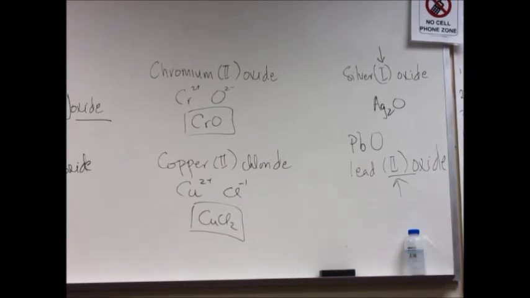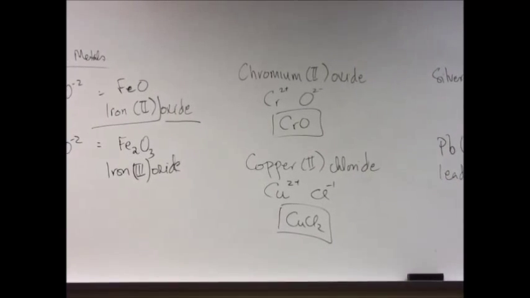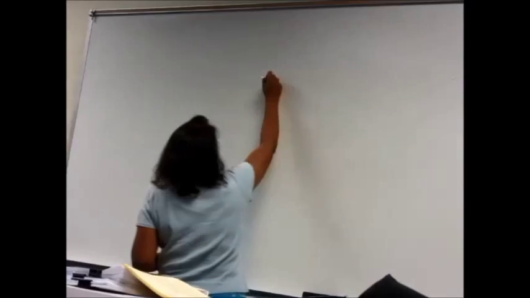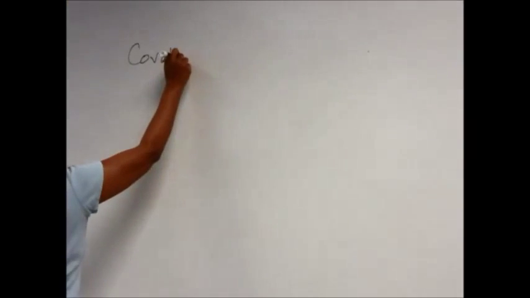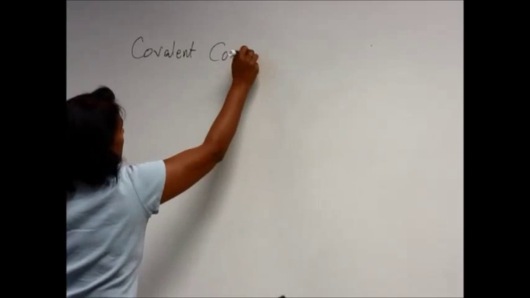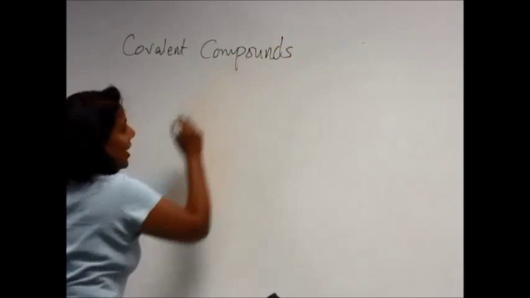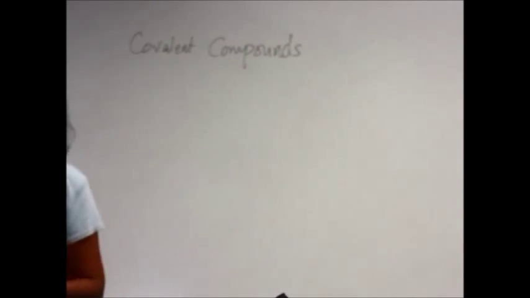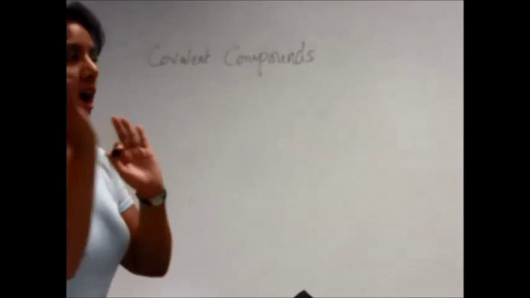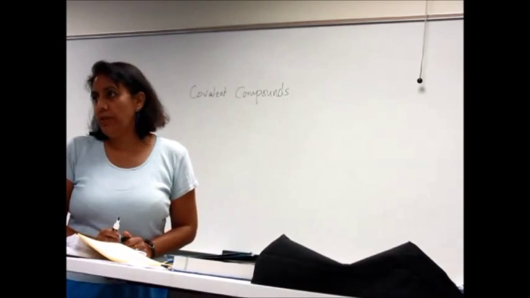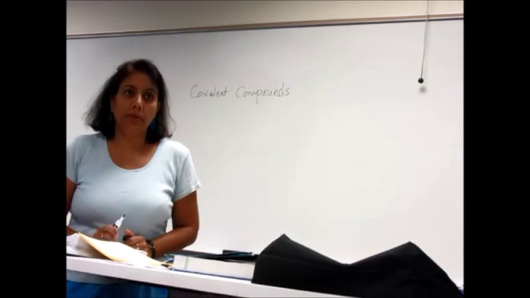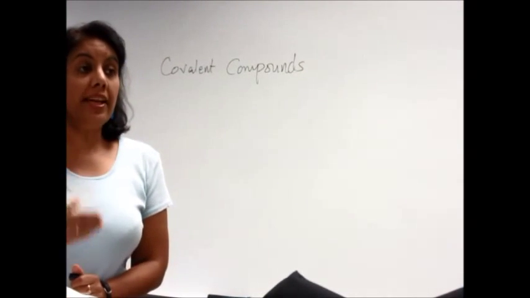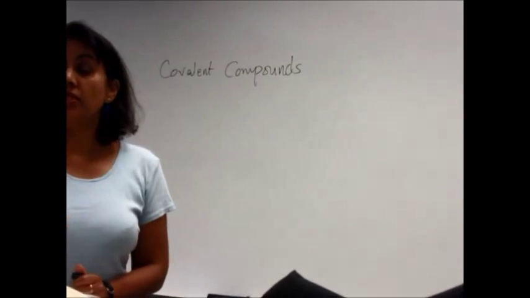All right, now I'm going to get into covalent compounds. And by the way, just a little tidbit here: do not think about memorizing how many charges any transition metal has. There's no point right now. You get that by practice. It's not something that you sit and memorize.